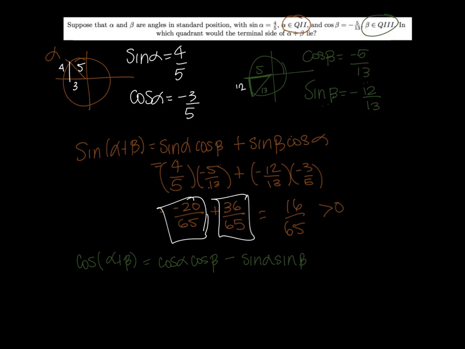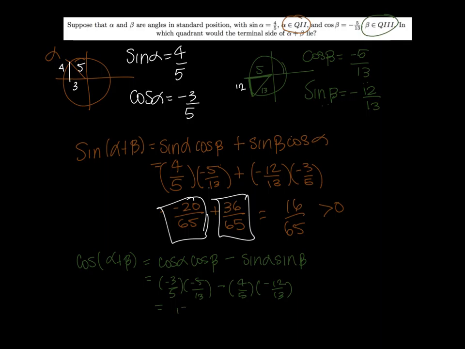So now we need to find the cosine value of our angle alpha plus beta, and I've written out the formula for that here. We'll be using negative 3 over 5 times negative 5 over 13. We'll then subtract the product of 4/5 and negative 12 over 13.